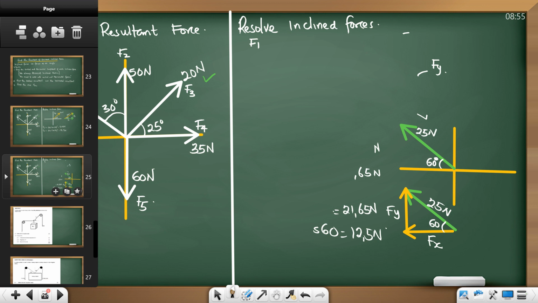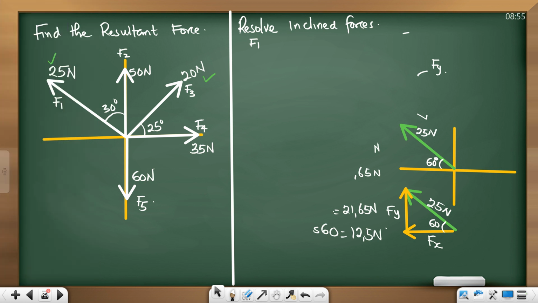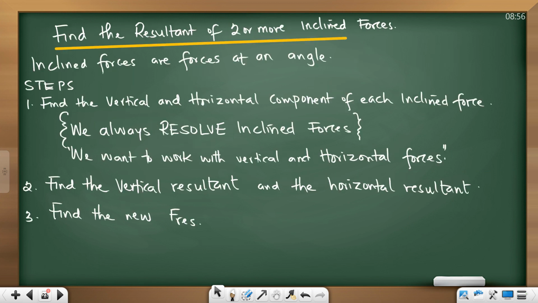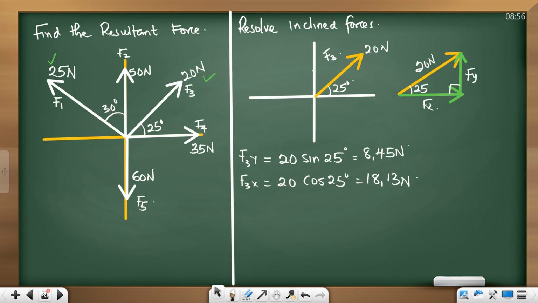Wait, what happened just now? Sorry, I think I missed a note. This is F3. Oh my God, I cleaned my F1.